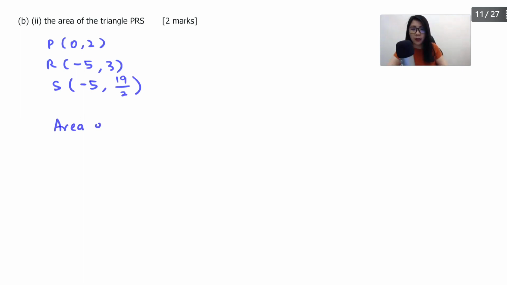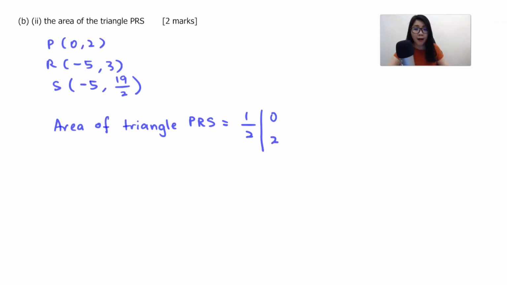So the area of triangle PRS equals half, modulus. I'm going to start with P first: (0, 2), followed by R, which is (-5, 3), then followed by S, (-5, 19/2), and then followed by the first point, (0, 2).